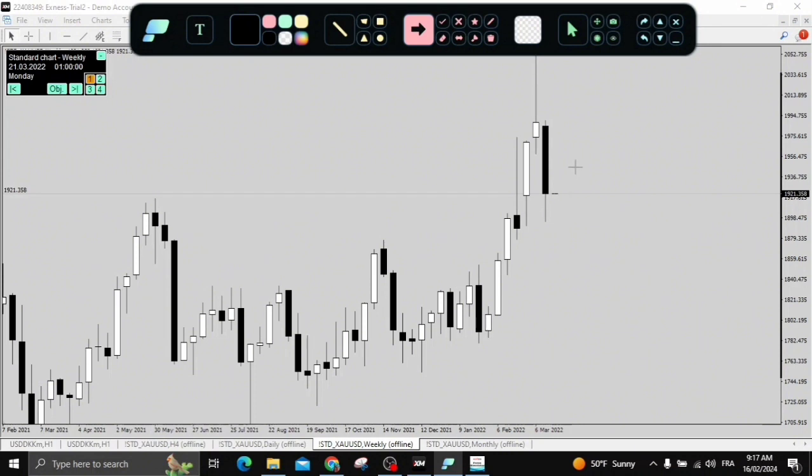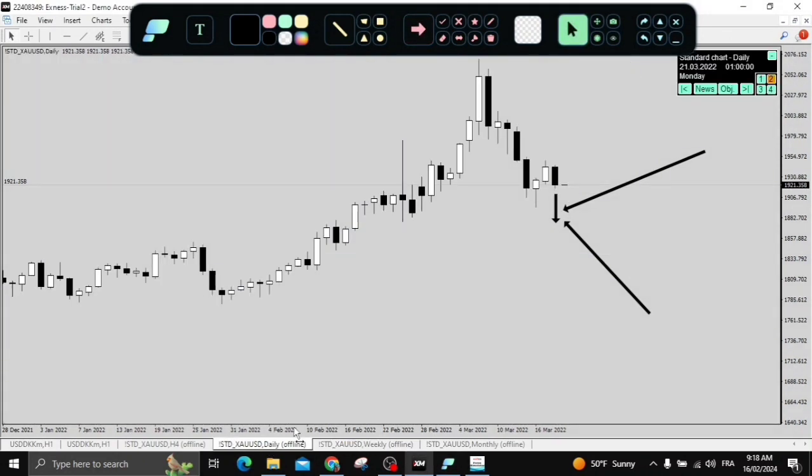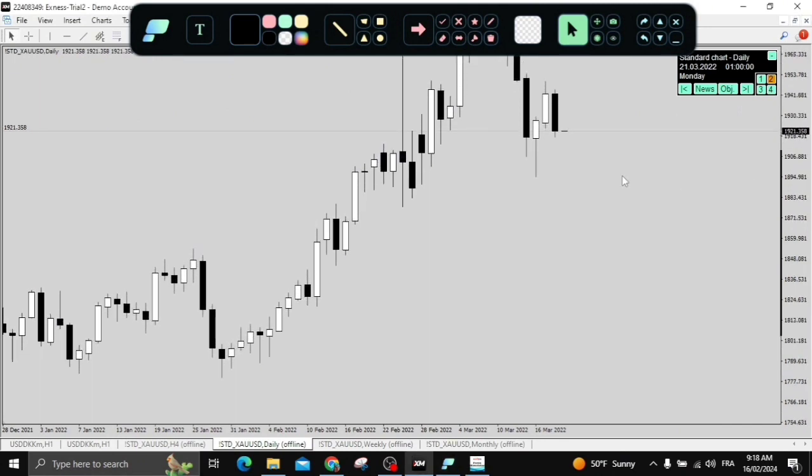For example, on the first day, Monday, we may see a grab of liquidity, so I know I may see some bearish momentum or movements on the daily candle. That's what takes me to the daily time frame, to understand what's going to happen.